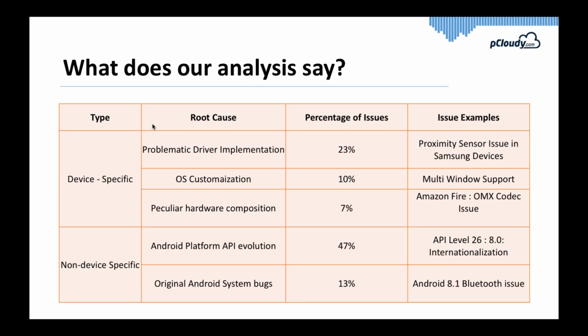But then there are a large set of non-device specific issues, which can happen on any device having a specific operating system. These happen because of the API levels that we were talking about.